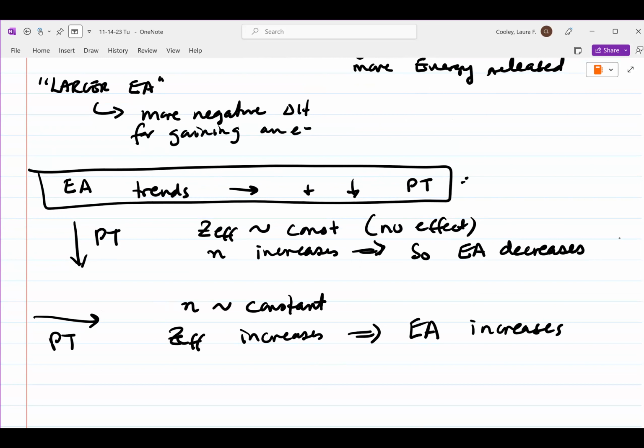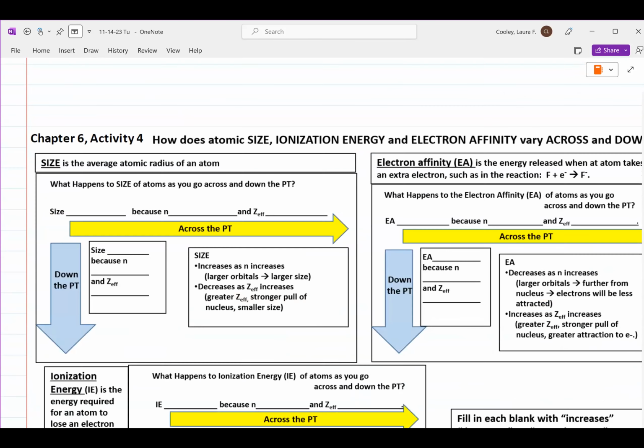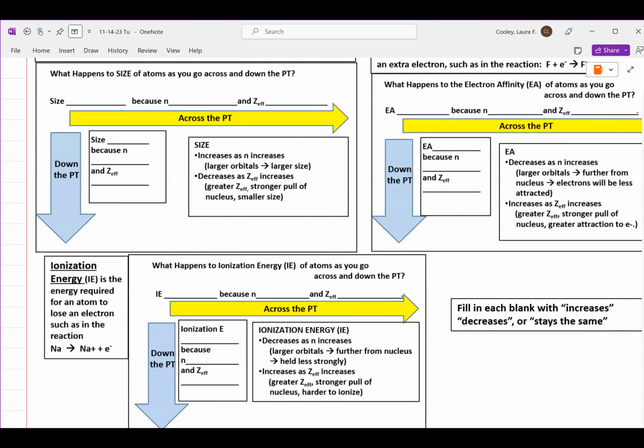I do have a piece of paper here that shows the trend in electron affinity. This is after the effective nuclear charge activity that we did last time. And the next page has all three of these things.